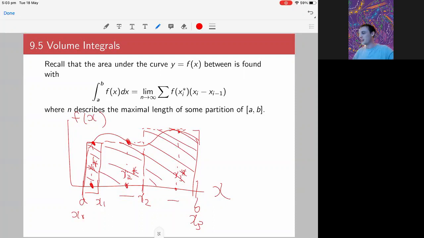Because I haven't really defined n anywhere. Well, n is basically a parameter which controls the maximal size that these intervals can take. As n goes to infinity, we expect that the maximal length of any one of these intervals shrinks. And so necessarily we get infinitely many of these intervals. We take limits, and that's supposed to give us the area.